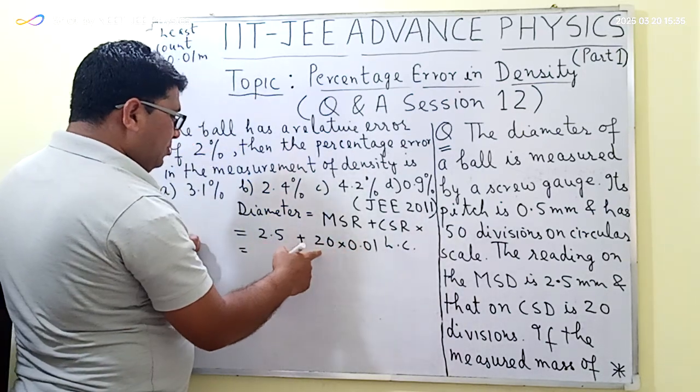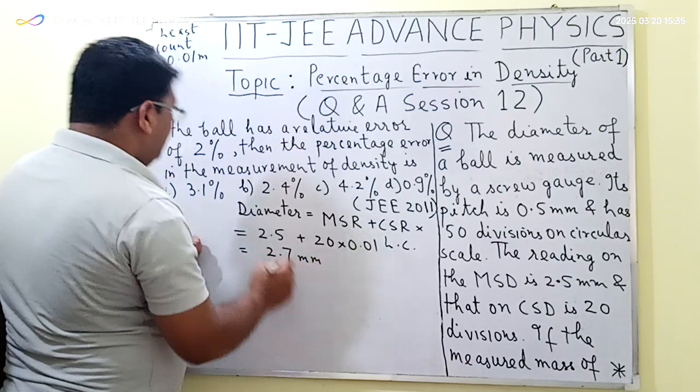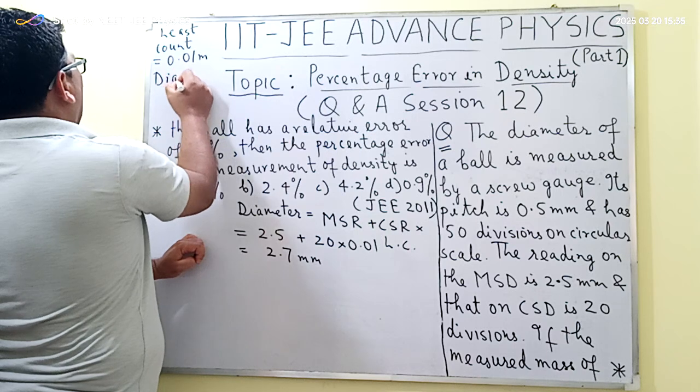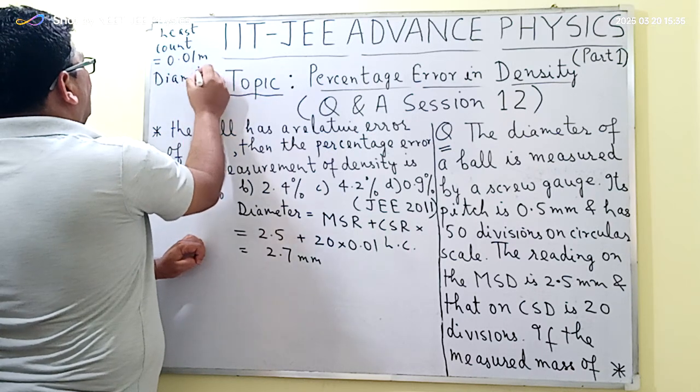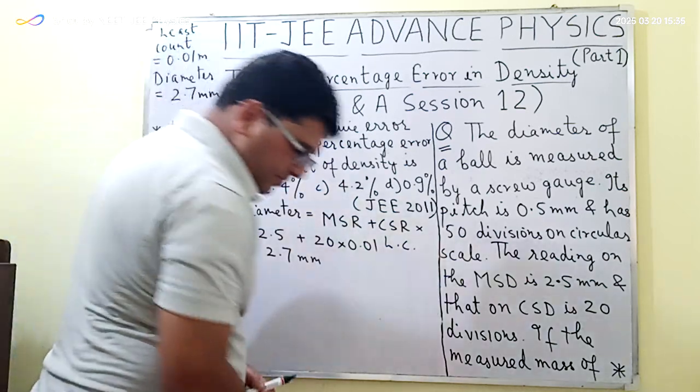So this is 0.2 plus 2.5, which is 2.7 mm. So the diameter of the ball is 2.7 mm.